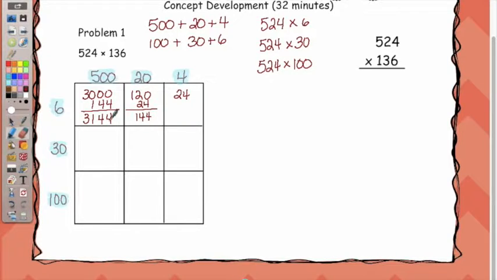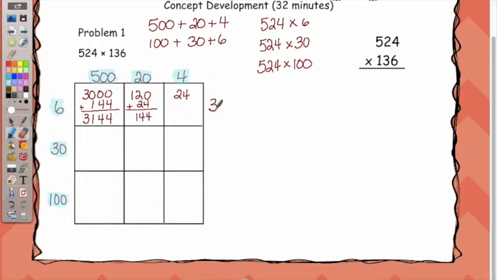Now there's basically 3 ways you can add these up. You can do it mentally, you can do it inside the area model, or you can do it over to the side or on scratch paper. Whatever works best for you.